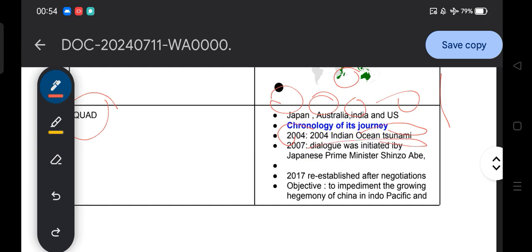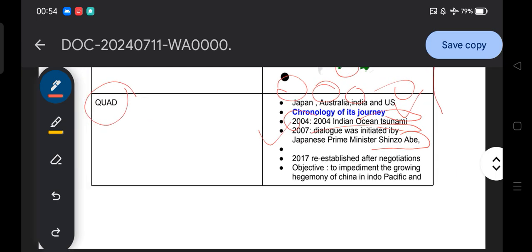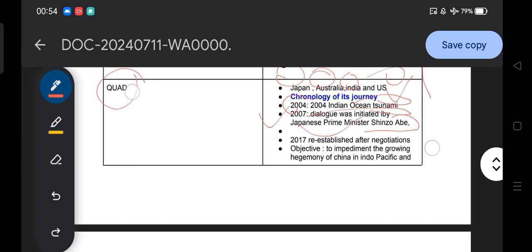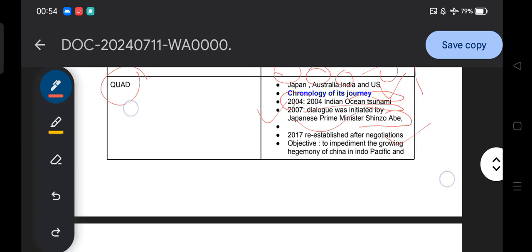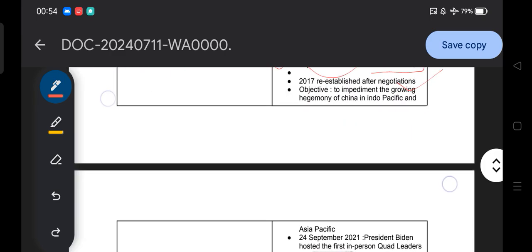In 2007 a dialogue was initiated by Japanese Prime Minister Shinzo Abe. In 2017 it was re-established after negotiation, okay, finally re-established. What is the objective? To impede the growing hegemony of China in the Indo-Pacific and the Asia Pacific.